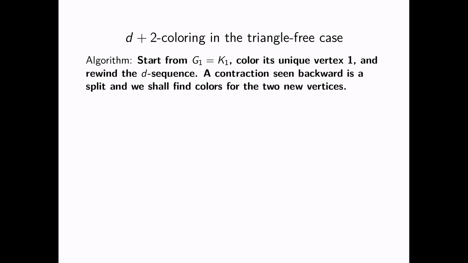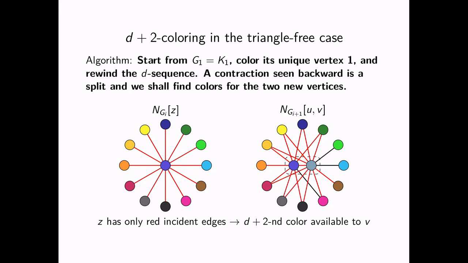We start where we have just one vertex and give it color 1, and we rewind the sequence and update the coloring so that it's proper and never uses more than d plus 2 colors.